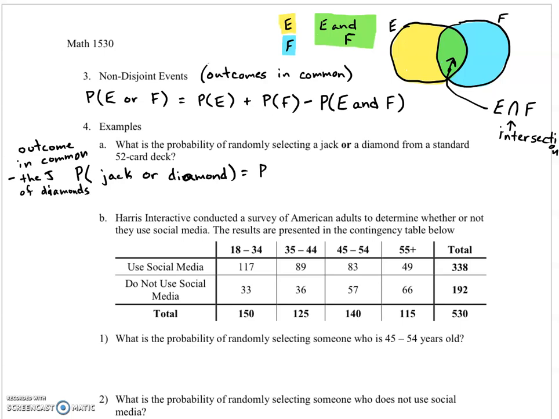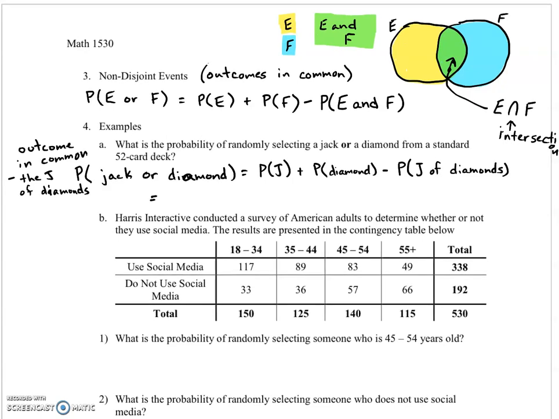So we need the probability of getting a Jack plus the probability of getting a diamond. And we have to subtract the probability of getting the Jack of Diamonds, because we counted the Jack of Diamonds once when we did the Jacks and once when we did the Diamonds.